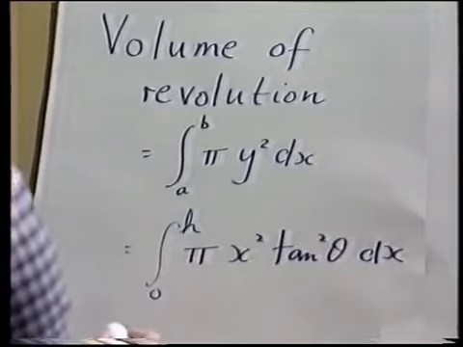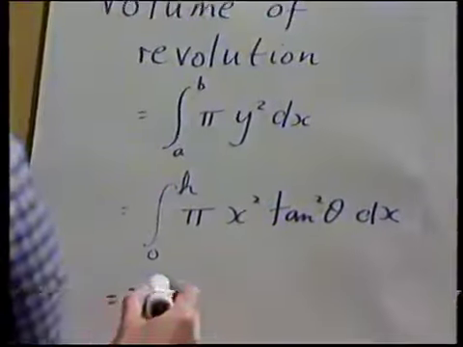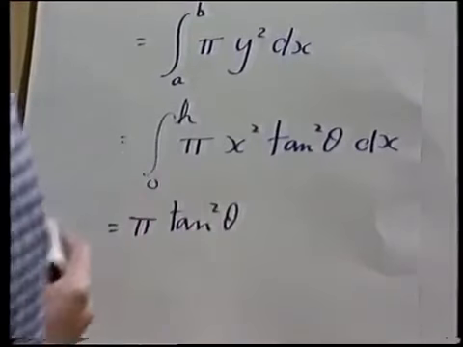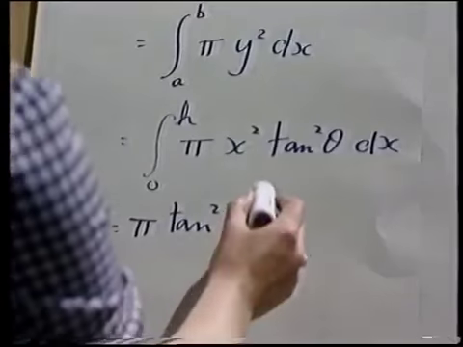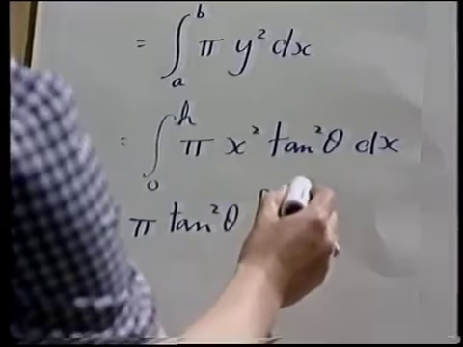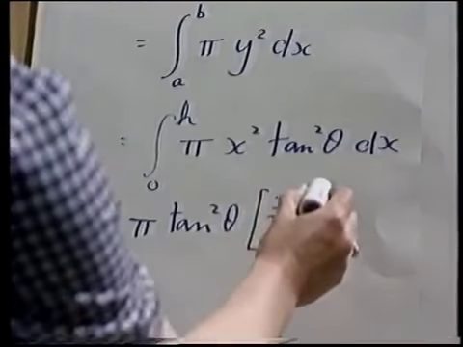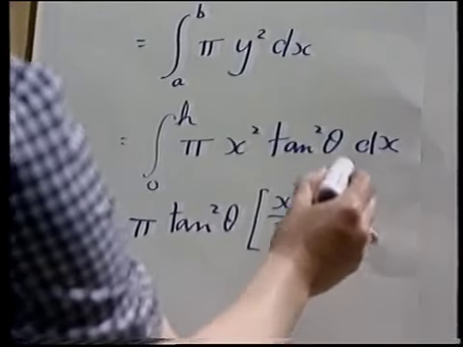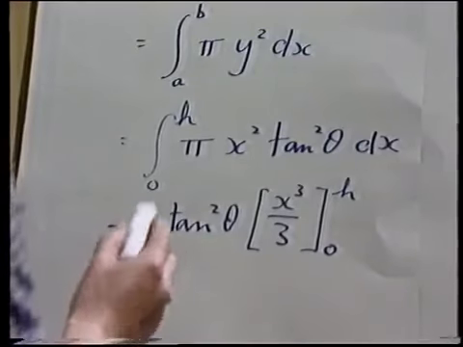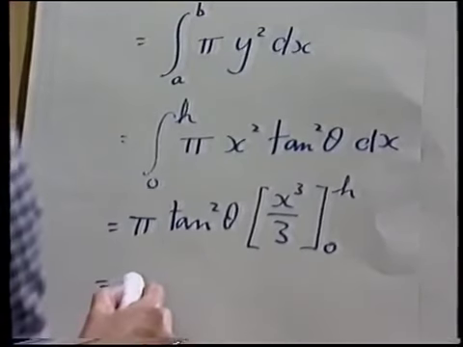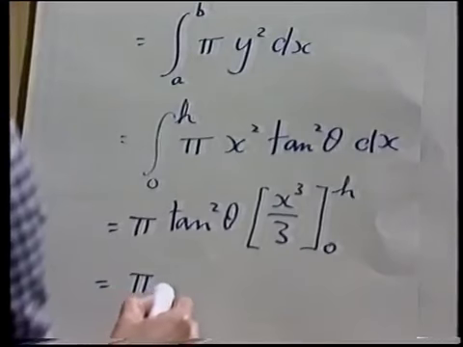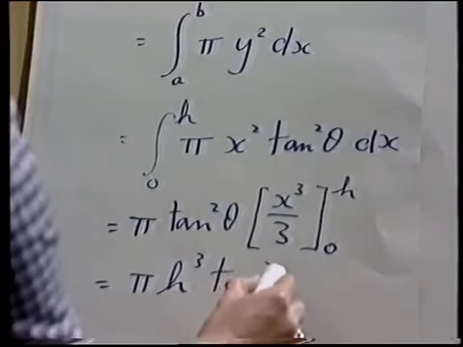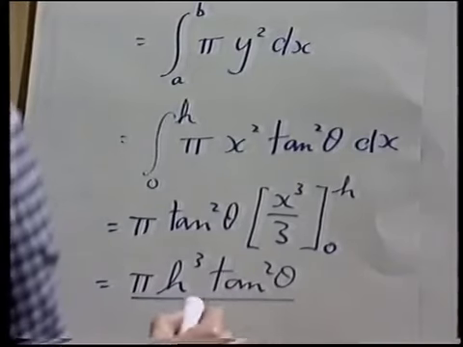Now, as before, pi tan squared theta is a constant, and x cubed over 3 is a primitive of x squared, and that's from 0 to h. Evaluating this gives pi h cubed tan squared theta all over 3.